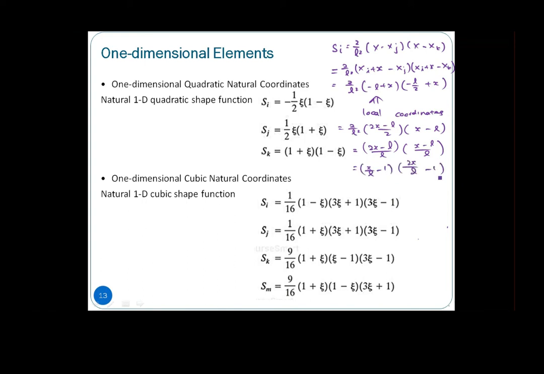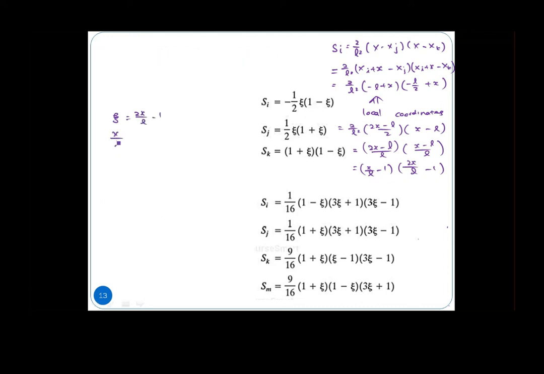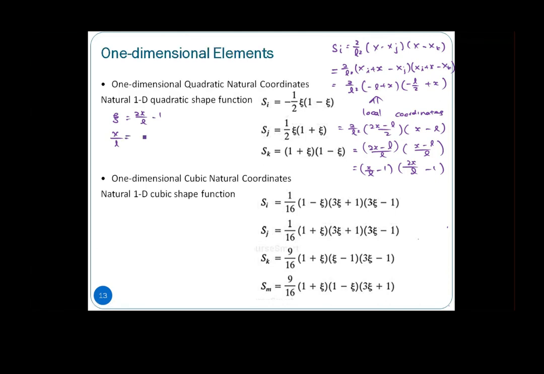Then we substitute what we have here, the x over L. Just now we have xi equals 2x over L minus 1. So in terms of x over L, x over L will be 1 over 2 (xi plus 1).